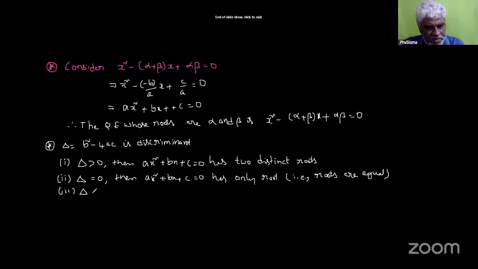If delta is negative, then ax square plus bx plus c is equal to 0 has no real roots.